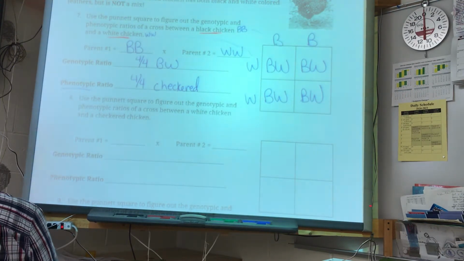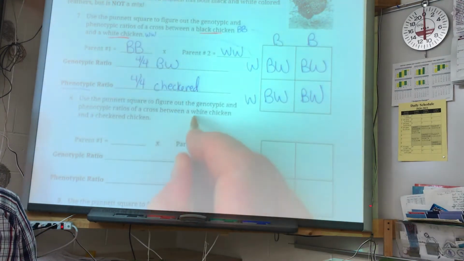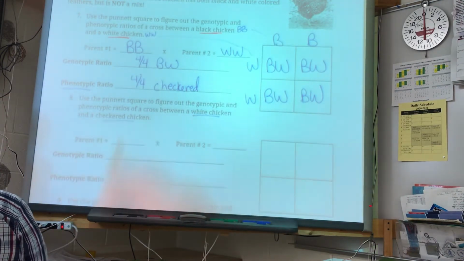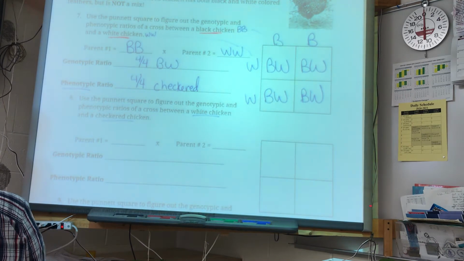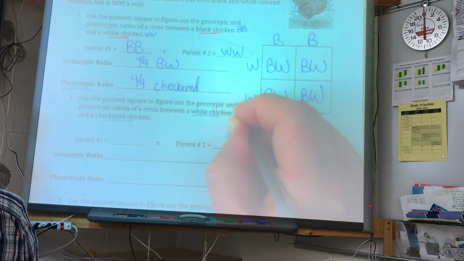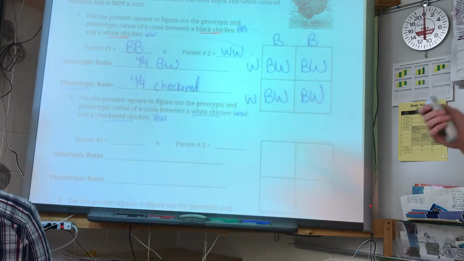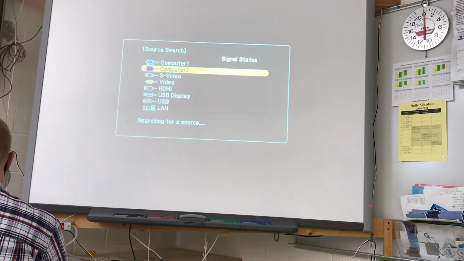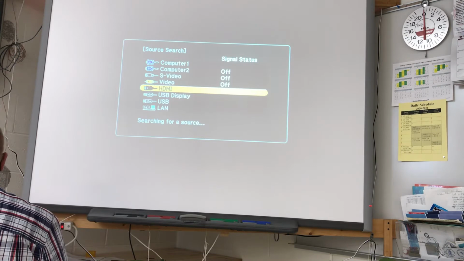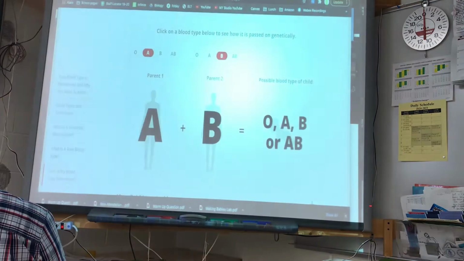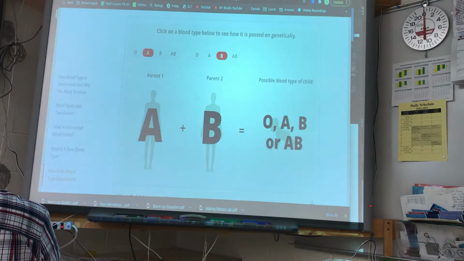Codominant is when both traits are expressed. Okay? And that's really just moving forward with chickens. Checkered is the heterozygous, white is homozygous white, and we have homozygous black when we have black chickens.